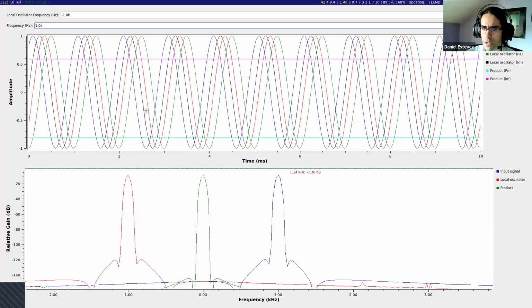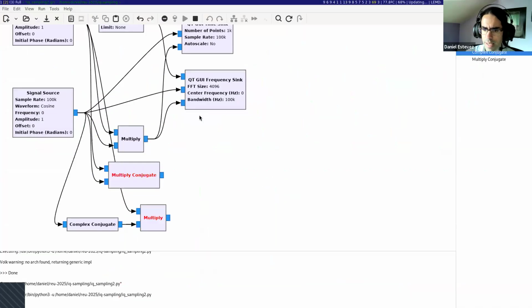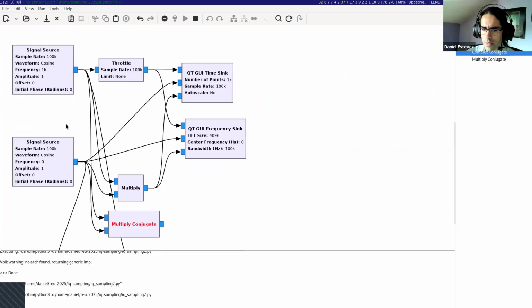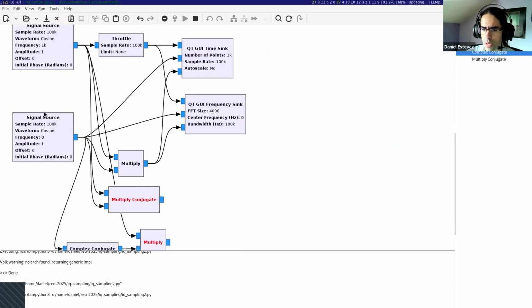For frequency translation, we can multiply any signal. I'm using here a cosine function for the sake of the example, but this could be anything. This could be a very complicated signal we have recorded with a radio receiver. It might be multiple FM radio stations. It might be anything. In here, we use a cosine function to shift it in frequency.